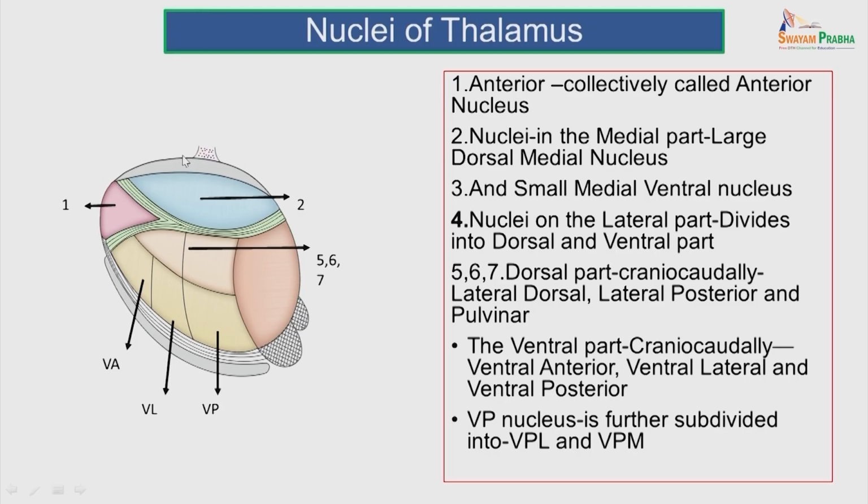There is also the midline nucleus, the centromedian nucleus, and the extramedullary nucleus, which you call the reticular nucleus, in the extramedullary lamina on the lateral aspect. So, this is the nuclear complex that is present within the thalamus.